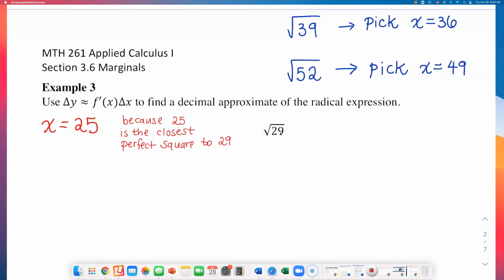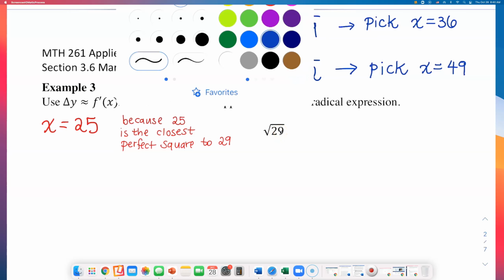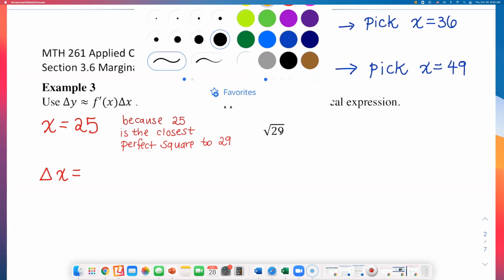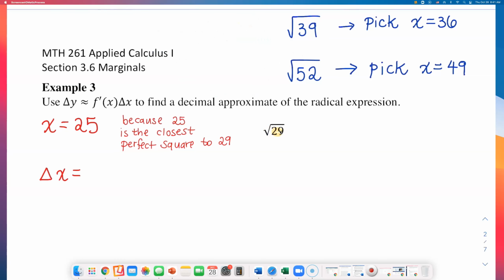Okay, alrighty. Now let me show you how to find delta x. Delta x is change in x. So how far away is 29 from 25? What I need to do is subtract 29 minus 25, and I will get 4.